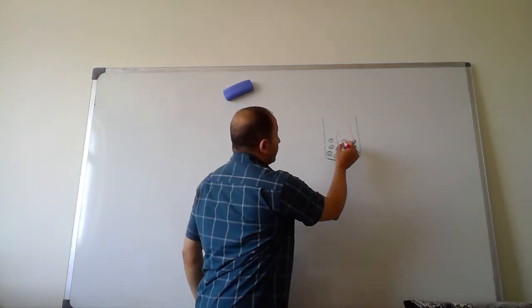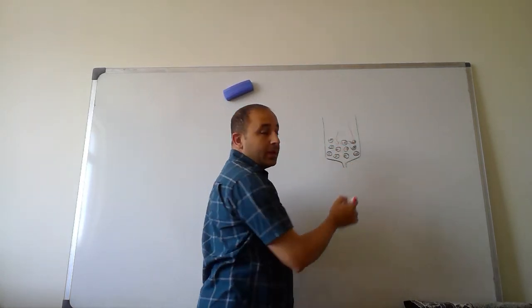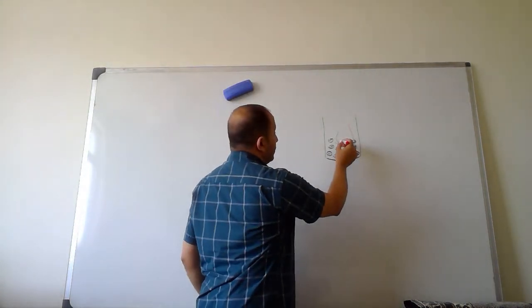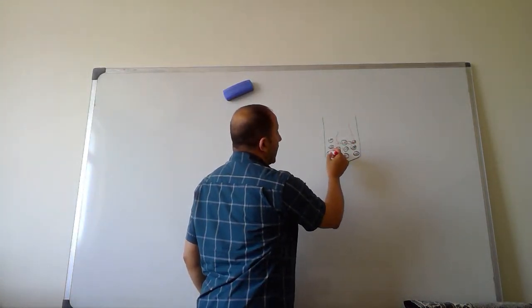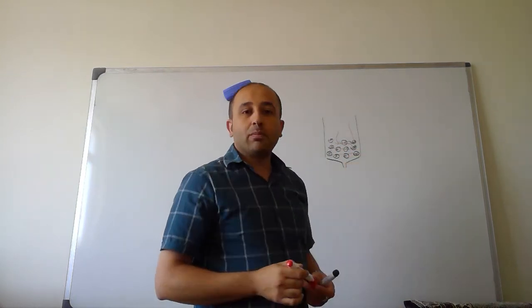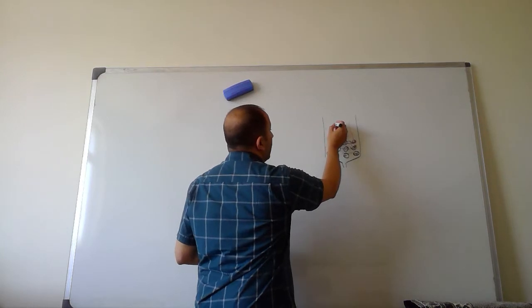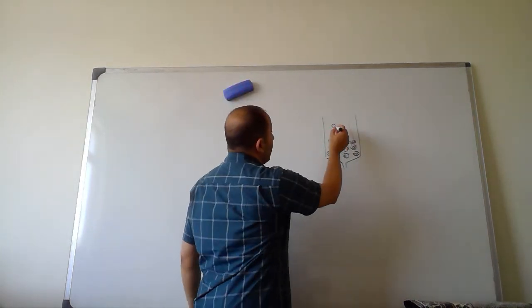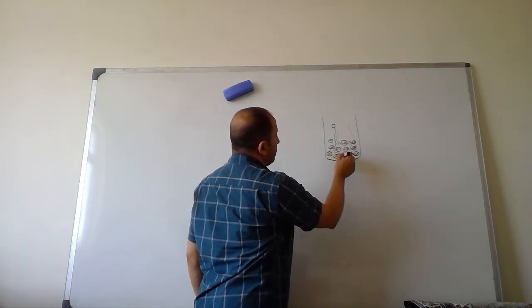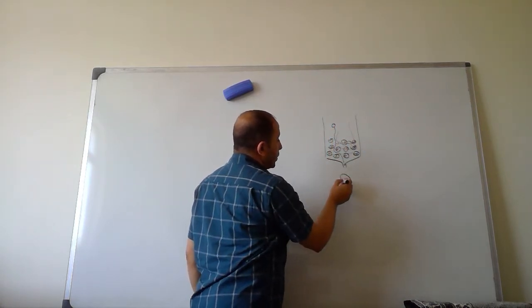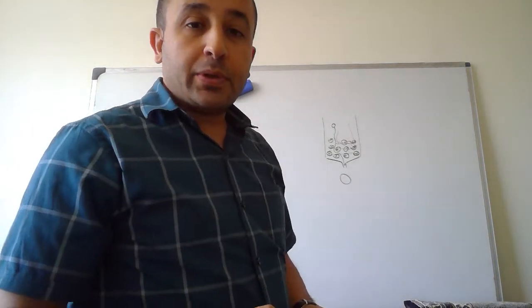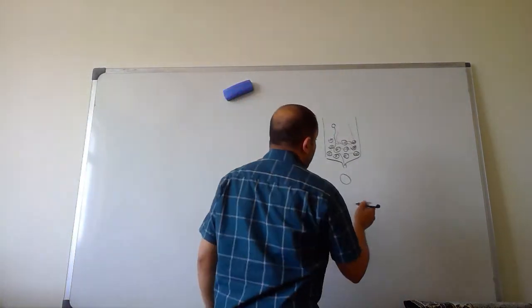The movement for small molecules will be both inter and intraparticulate, and this movement will take longer time for the small molecules, whereas large molecules have just one pathway, which is the interparticulate pathway. So the large molecules will go first. After a certain period of time, the small molecules will be eluted.